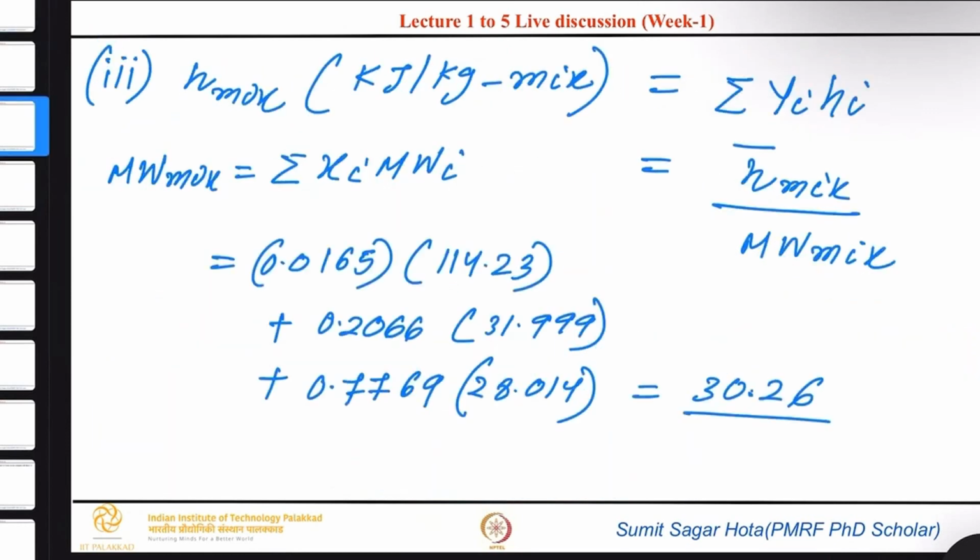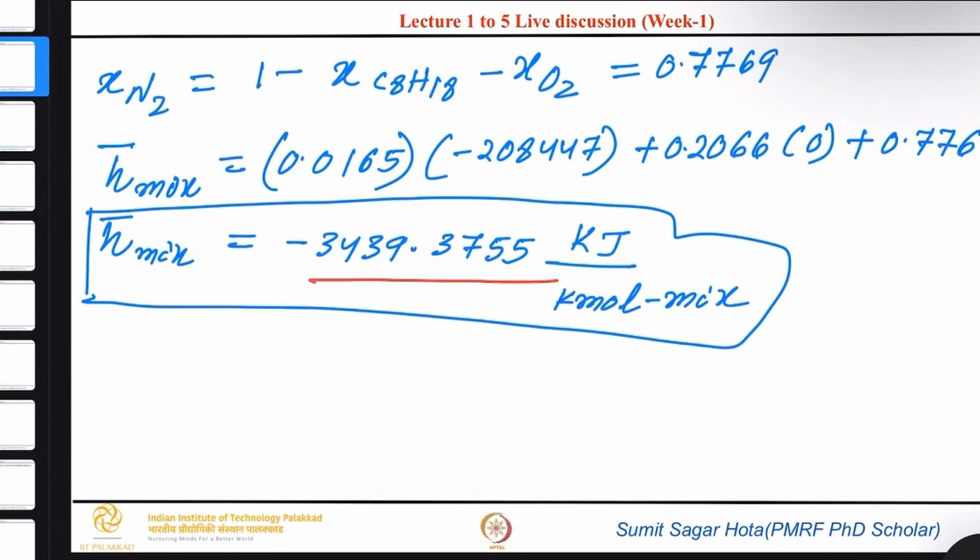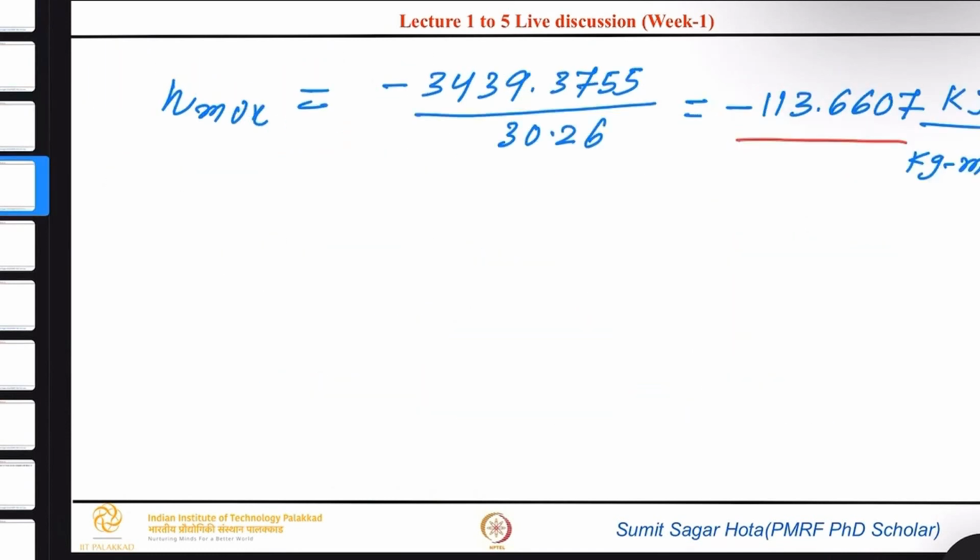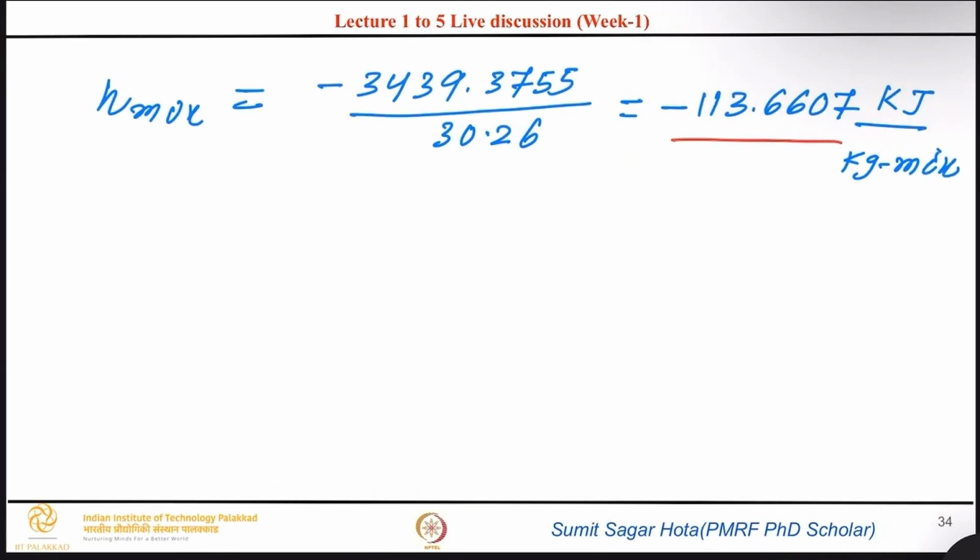So this is a very good question. Why? Because in this question you become acquainted with all kinds of units, which is most important, because units are the most important thing in combustion calculations. So this is a very good question to solve. Try to solve all the questions.